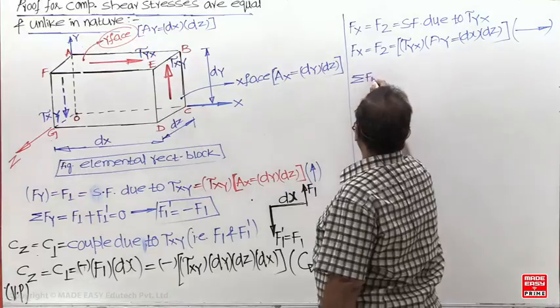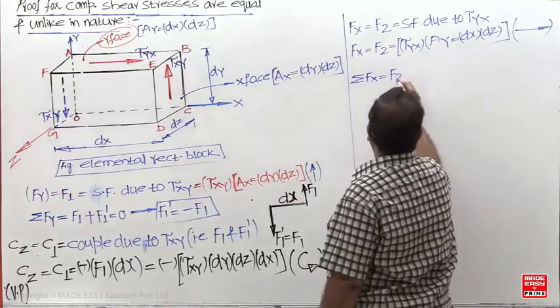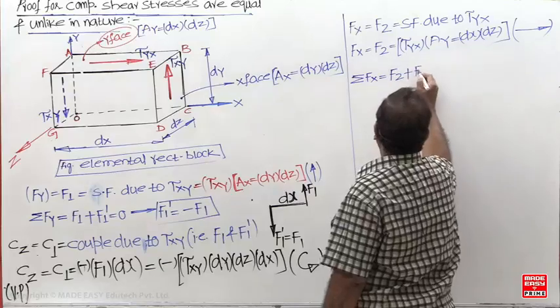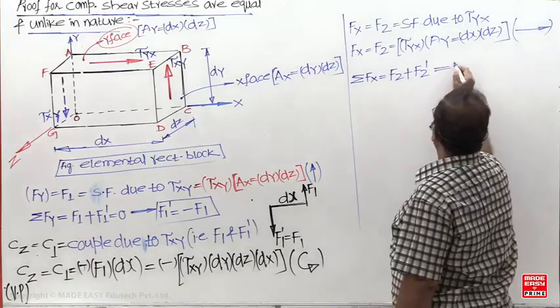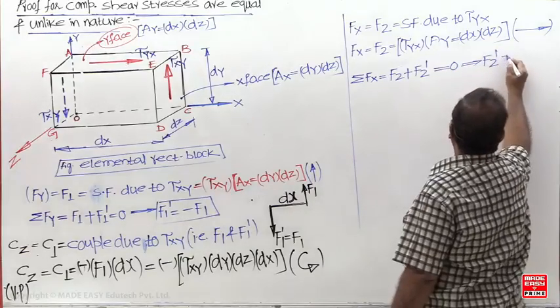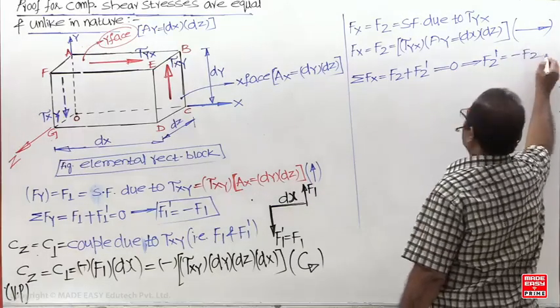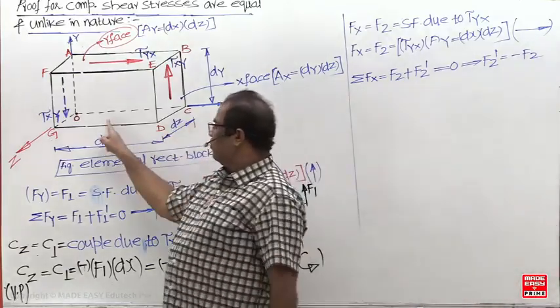So if the sum of the forces should be 0, we are going to get one more force here.